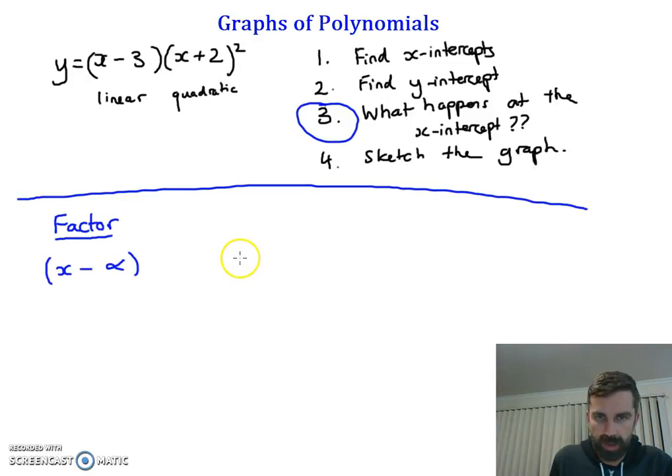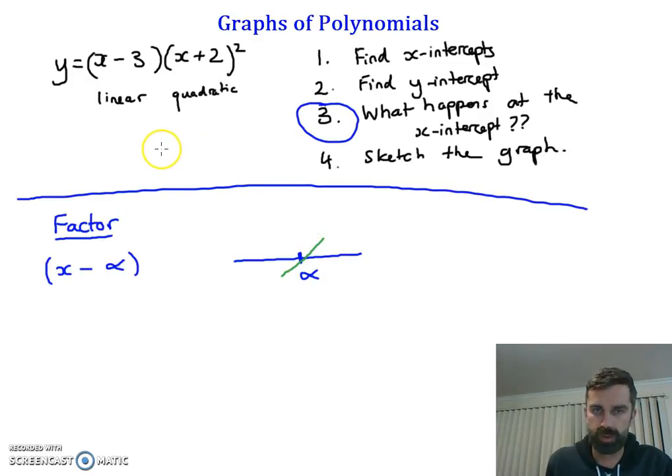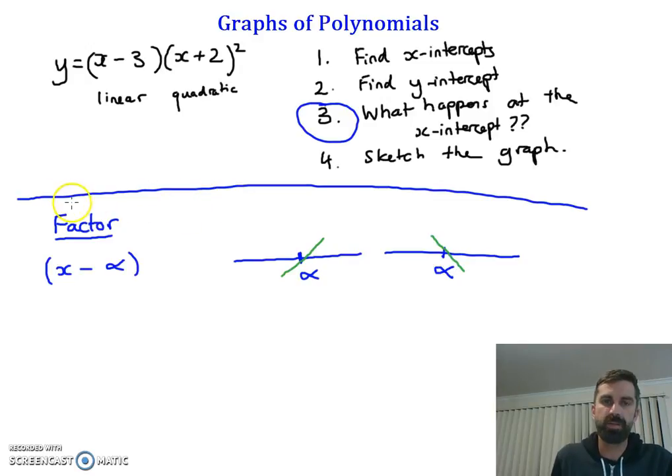If we've got that, when we draw the graph, we know that it's going to intercept the x-axis at x equals alpha, and the graph is just going to go straight through at that point. I haven't drawn it perfectly, but essentially straight through. Or alternatively, depending on which way the graph is traveling, it may go down through like this as well. But we know that a factor like that will just cut through the x-axis, so we say that it cuts.